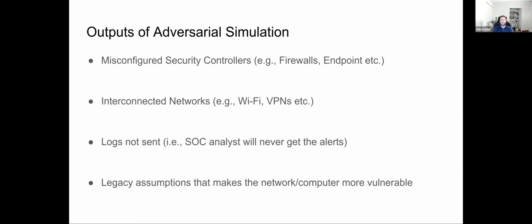Another output of adversarial simulations could be different ways that networks can be connected that the company has not foreseen. When breaking down complexity to individual computers, it might be very easy to account for Wi-Fi, VPNs, Bluetooth, and honestly all the different ways that a connection can be made.